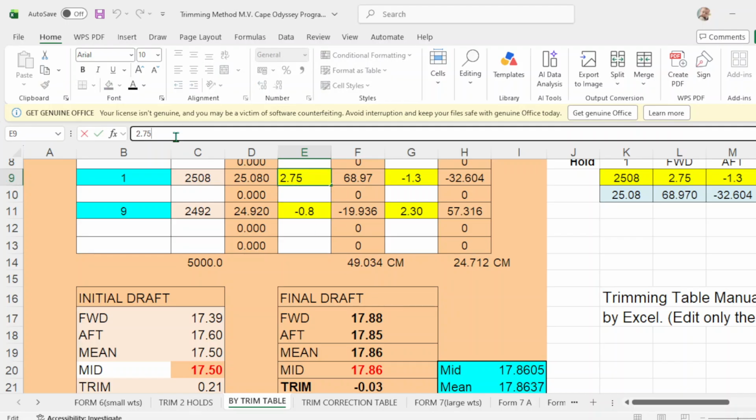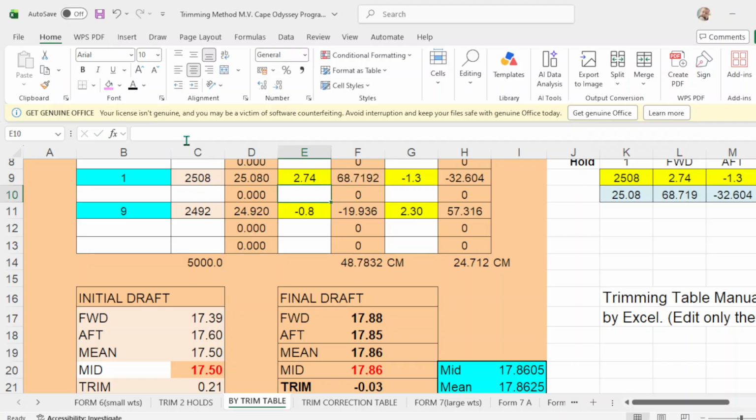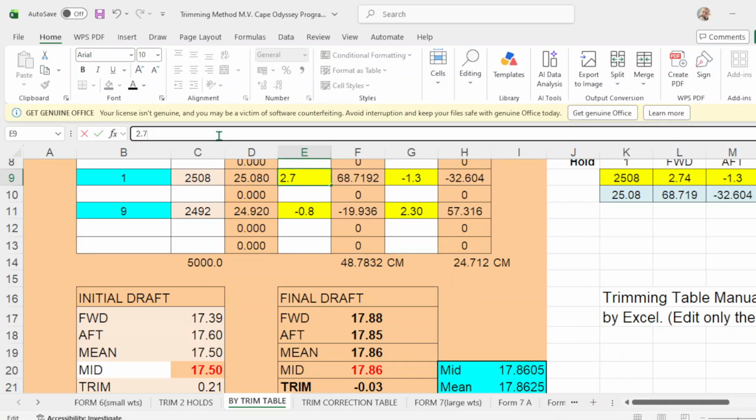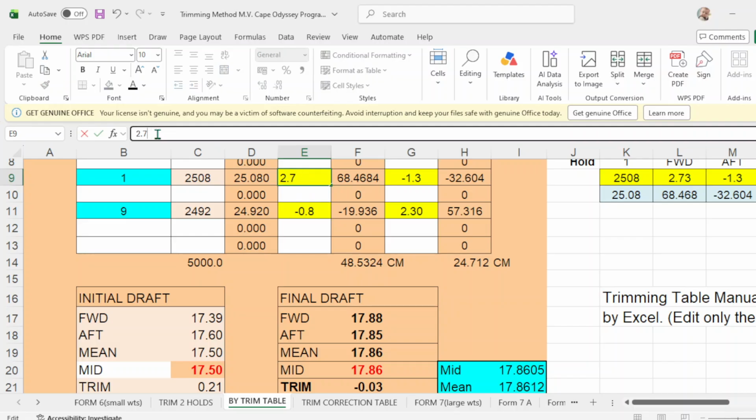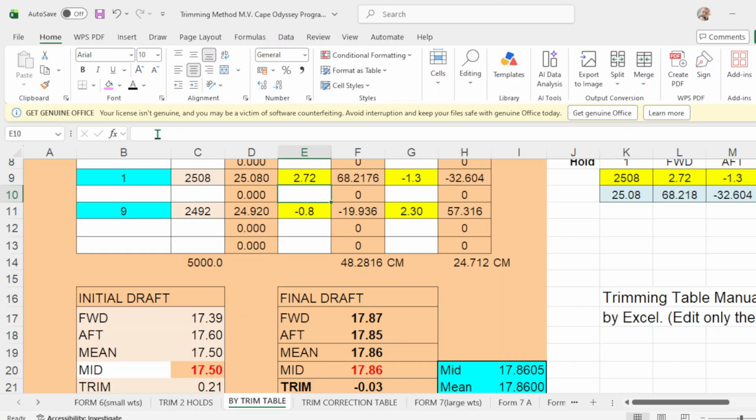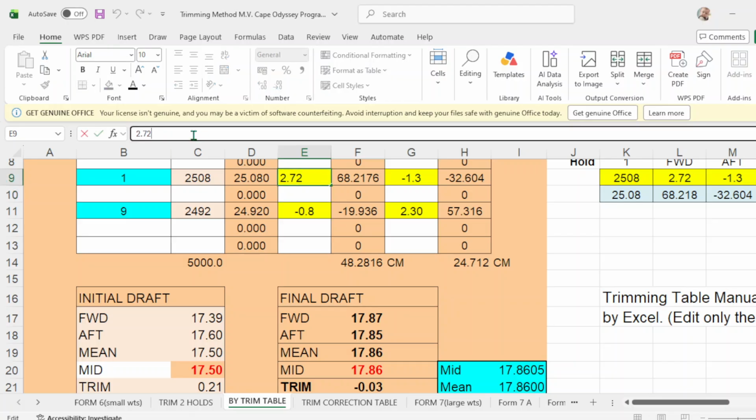Make it 7.4. Reduce. 8.8. Make it 7.3. 8.8. 7.2. Make it 7.1.